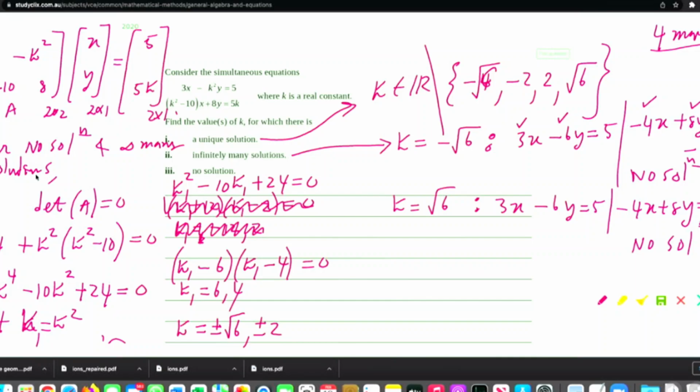Now you have to put k is equal to plus 2.